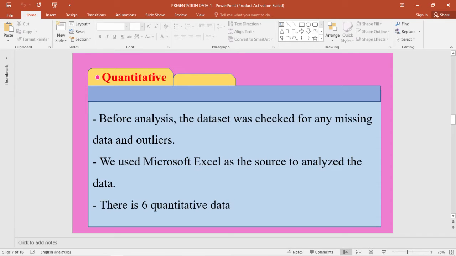For example, in the scores 25, 29, 3, 32, 45, 33, 27, and 28, both 3 and 45 are outliers. Then, we use Microsoft Excel as the source to analyze the data. There are 6 quantitative data, including ratio and interval scales of measurement.